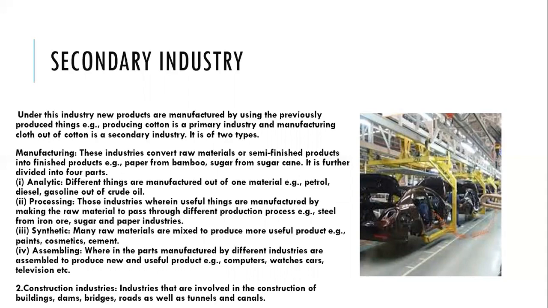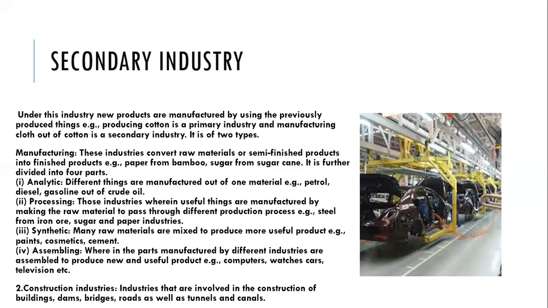Then comes synthetic. Many raw materials are mixed to produce a more useful product, like two chemicals are mixed to make a new product, like paints, cosmetics, cement. These are the examples. Now the assembling industries. Assembling means you assemble various parts, like computers, right?